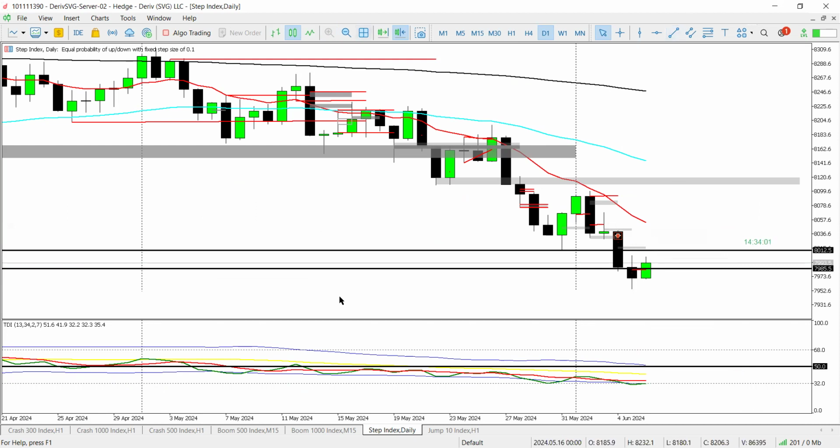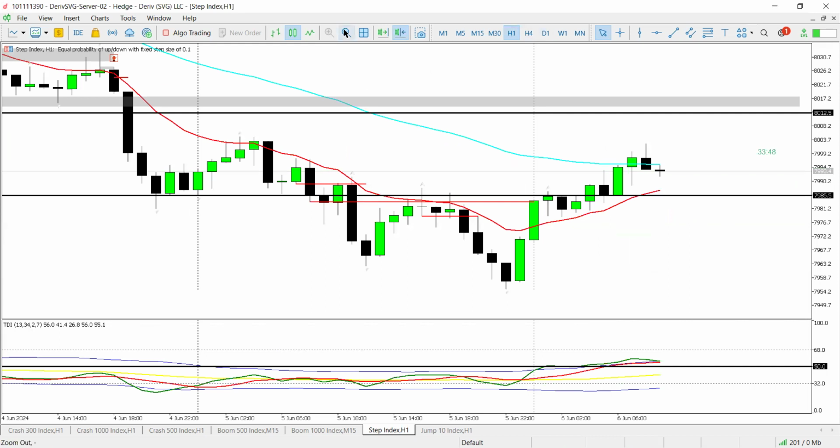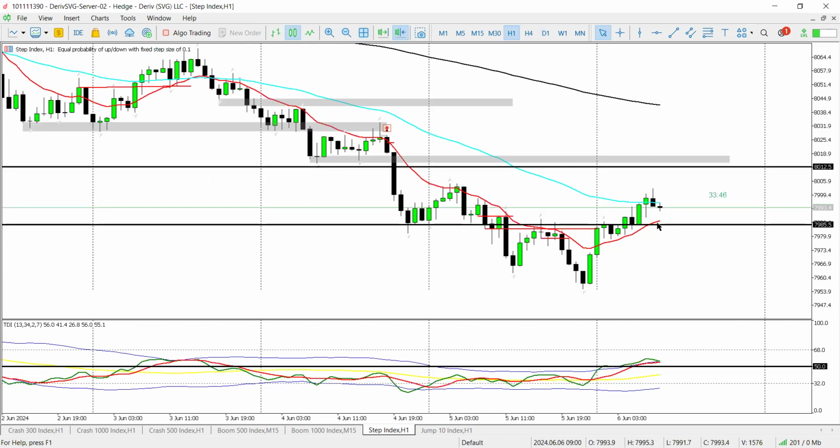We can only sell this if the day's candle turns bearish. That's when we can start looking for sells again. But as it stands right now, if we are above the 13 EMA and if we can get a buy setup, we can look for buys, short-term buys, and target this level here.